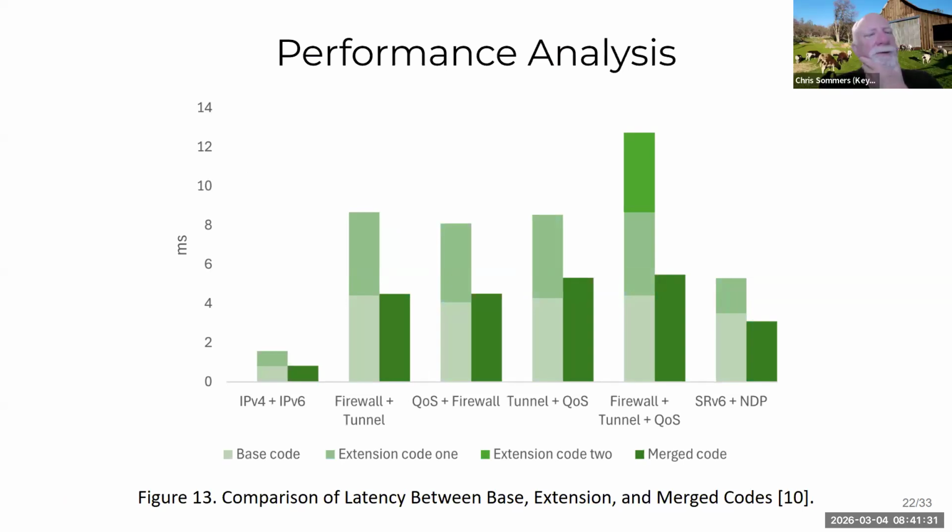So I didn't understand how you could get a performance improvement based on this approach. If you're merging two codes, I would think the performance would depend on, like, whether the pipeline got longer. Why would merging the code result in a performance improvement?